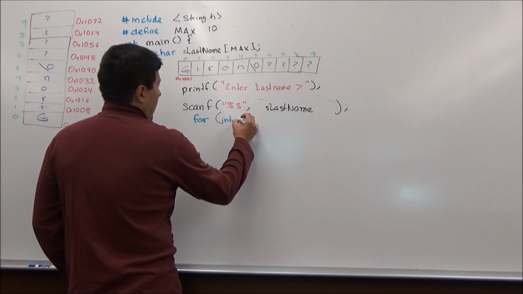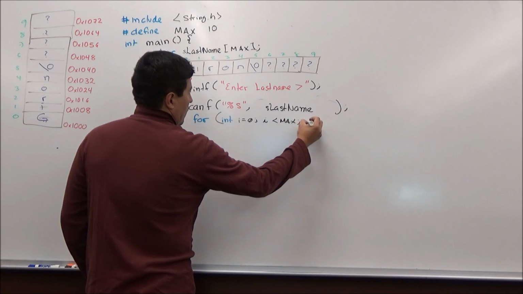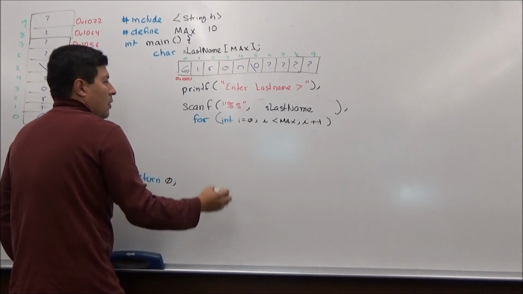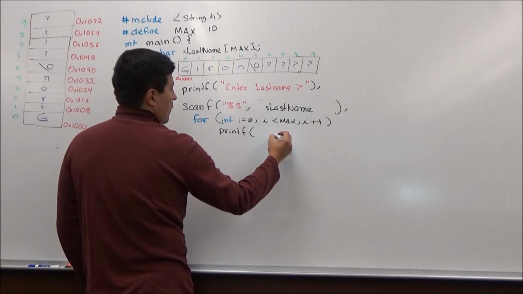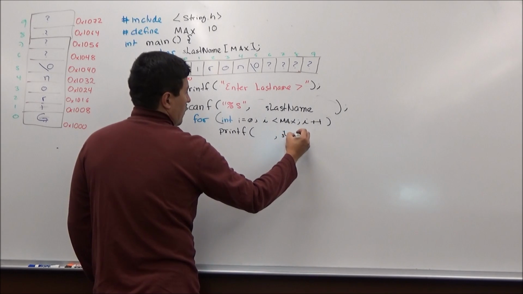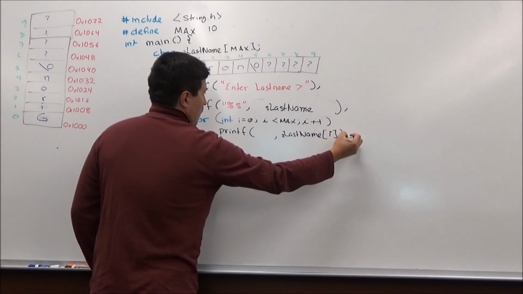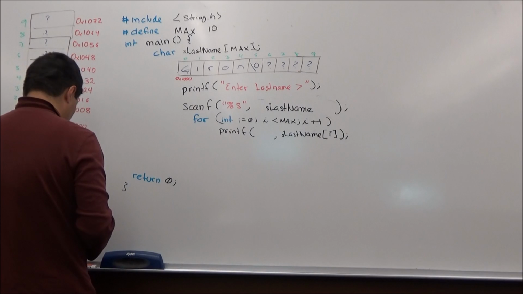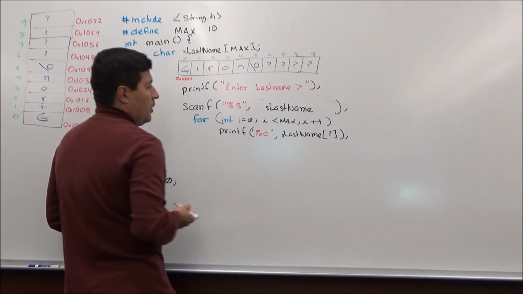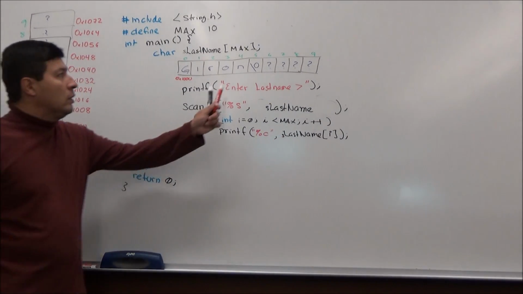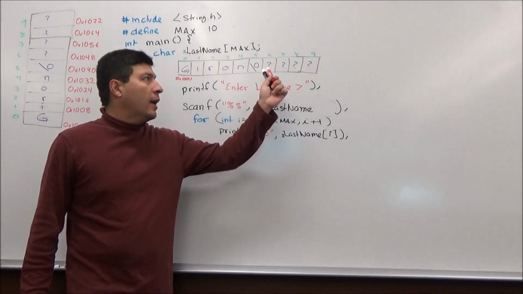When I print every element of the array, it will print every character, including the null and these other positions, right? So it will print garbage. This will be blank, and this will be just garbage.